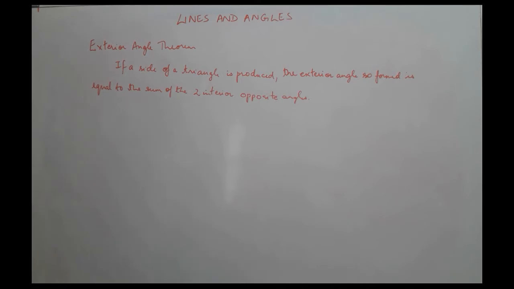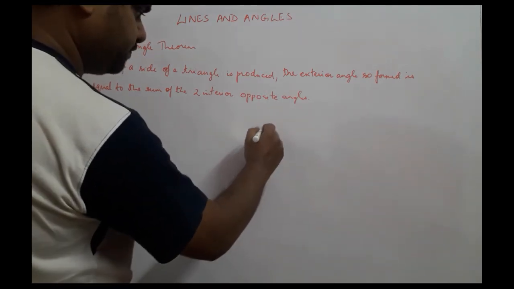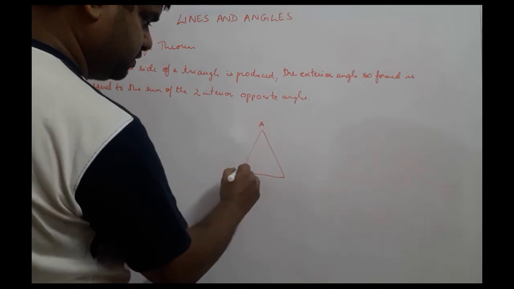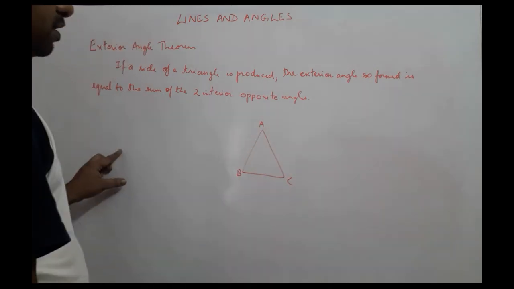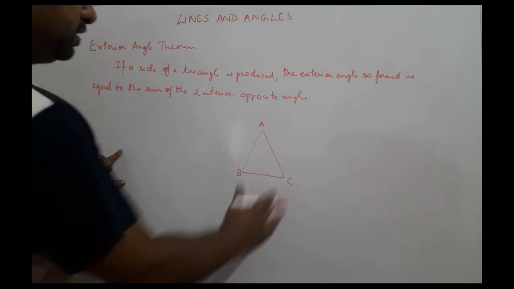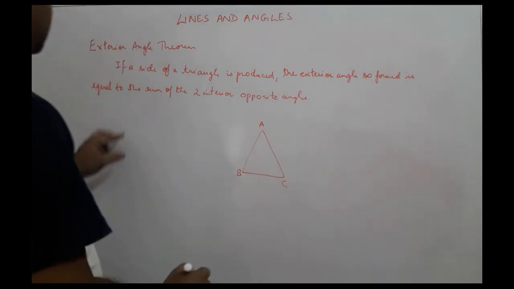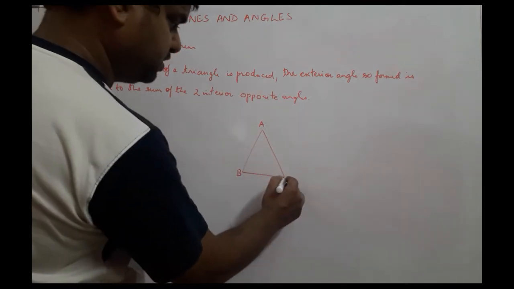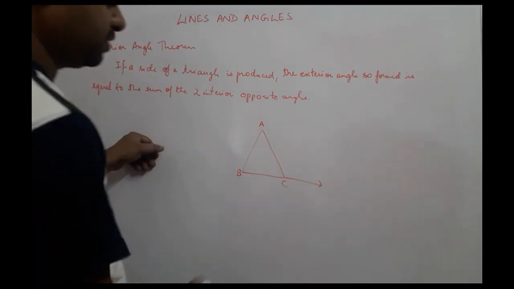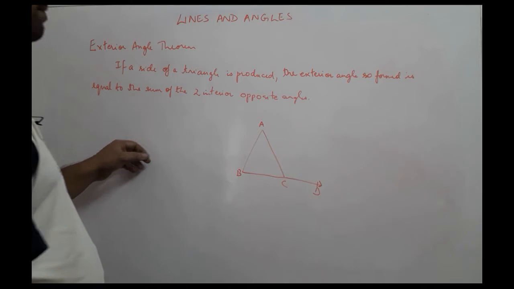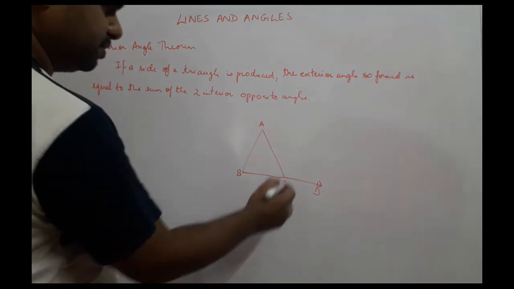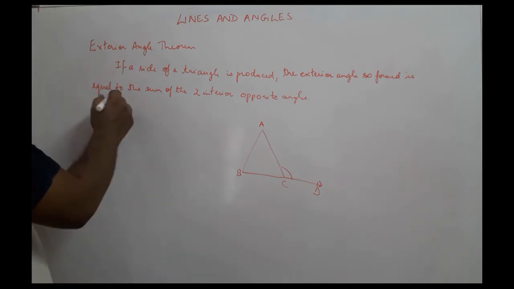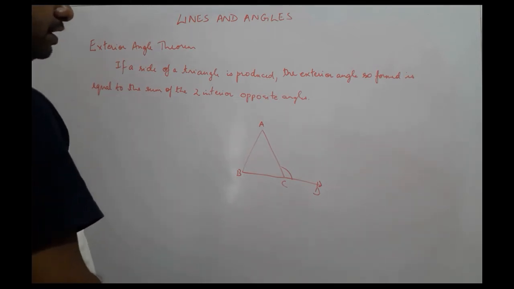So if we draw a triangle ABC, it says if a side of a triangle is produced, so let's say BC is produced further to D. The exterior angle so formed, that means this angle ACD, is equal to the sum of the two interior opposite angles.